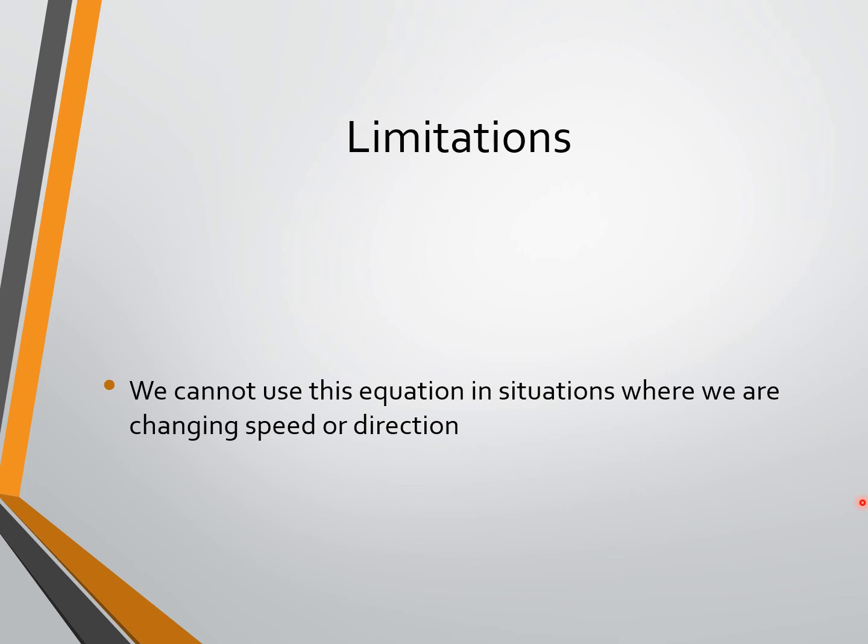We're not going to be able to explain why that's the case until we get into a little more terminology in our next lecture, related to Newton's laws of motion. So right now, just understand we cannot always use Newton's first law of motion.